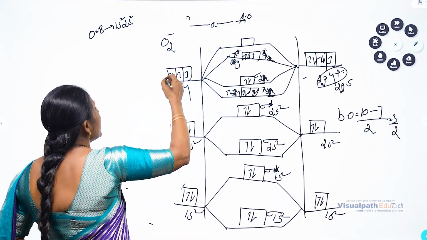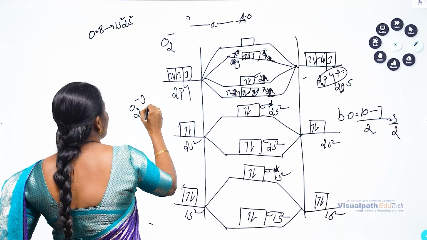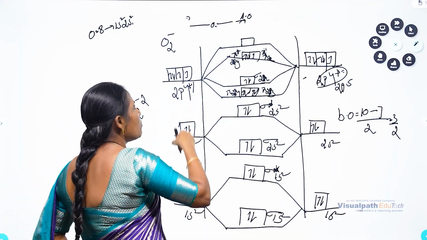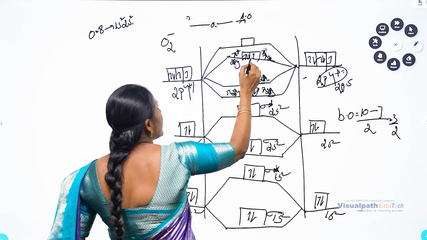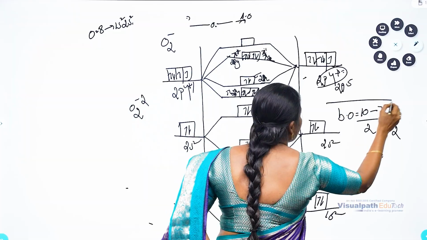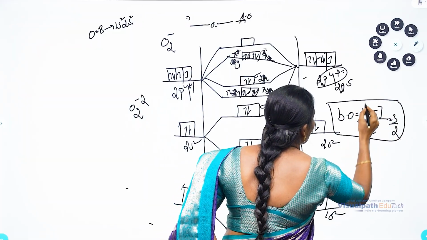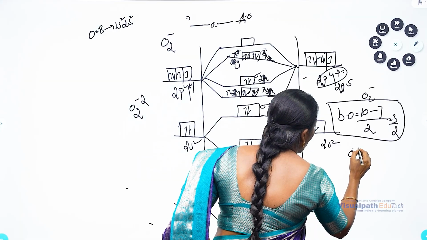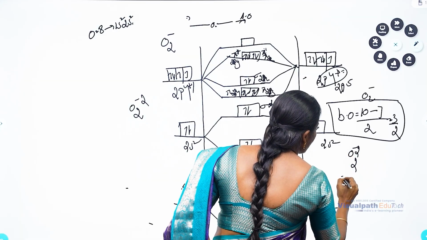And here it is with O2 minus 2. Then what happened? O2 minus 2 means again we add one more electron. So here in case of O2 minus 2, what happened?